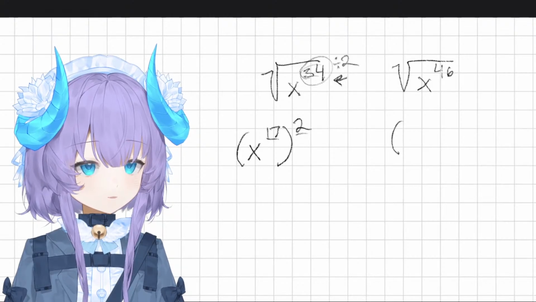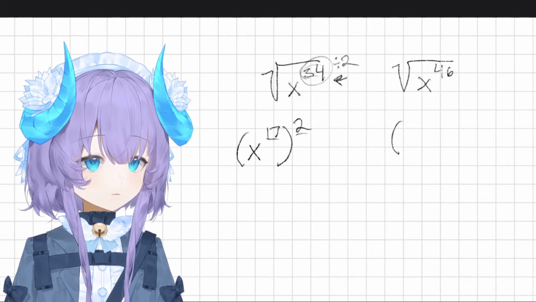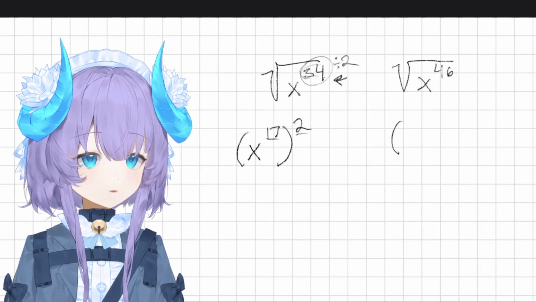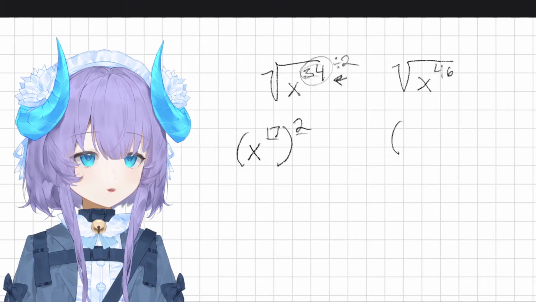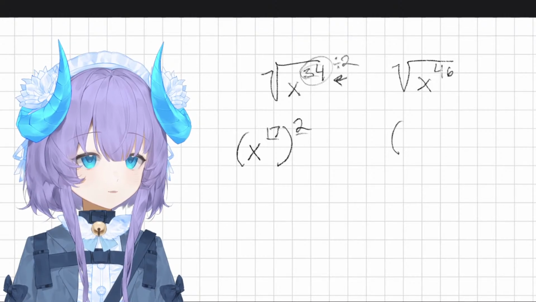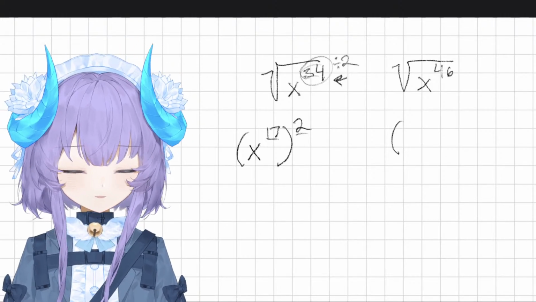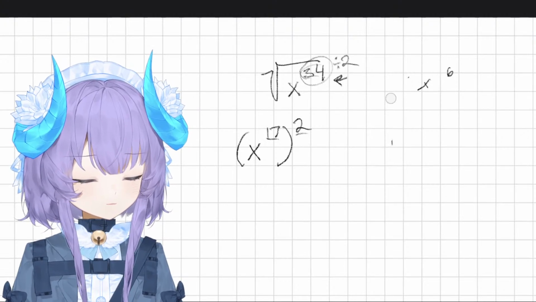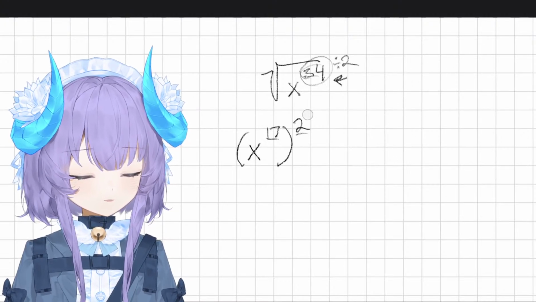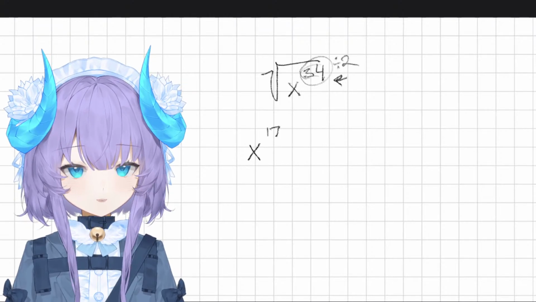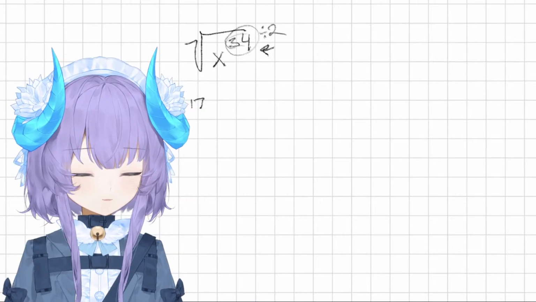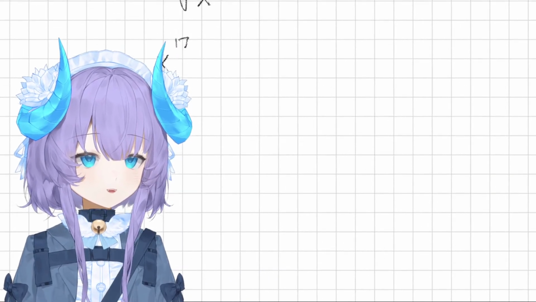Our answer is, oh, you know what? I probably don't need to do the square. That's probably what it is. It's probably just 17. Yeah, it's just 17. That's all. No need for the extra exponent. Okay, now we have the next one.